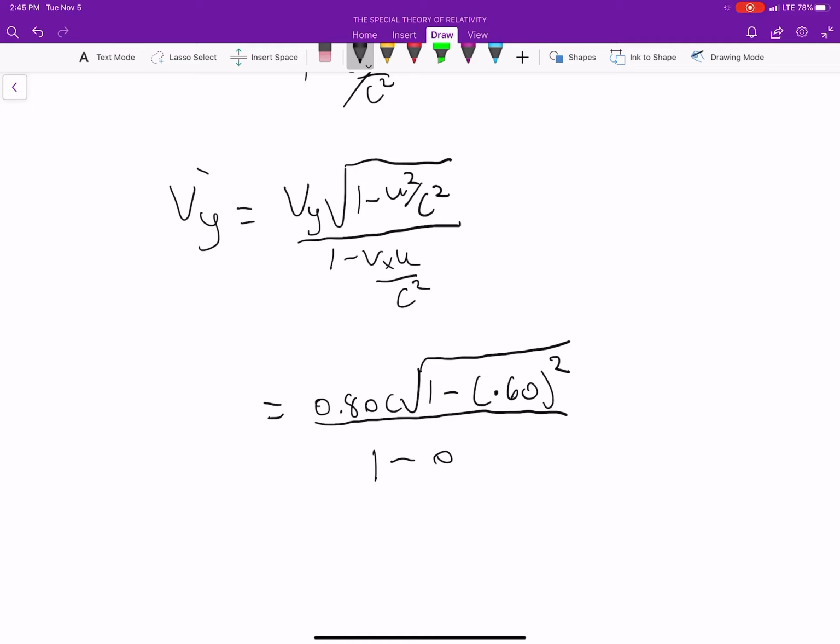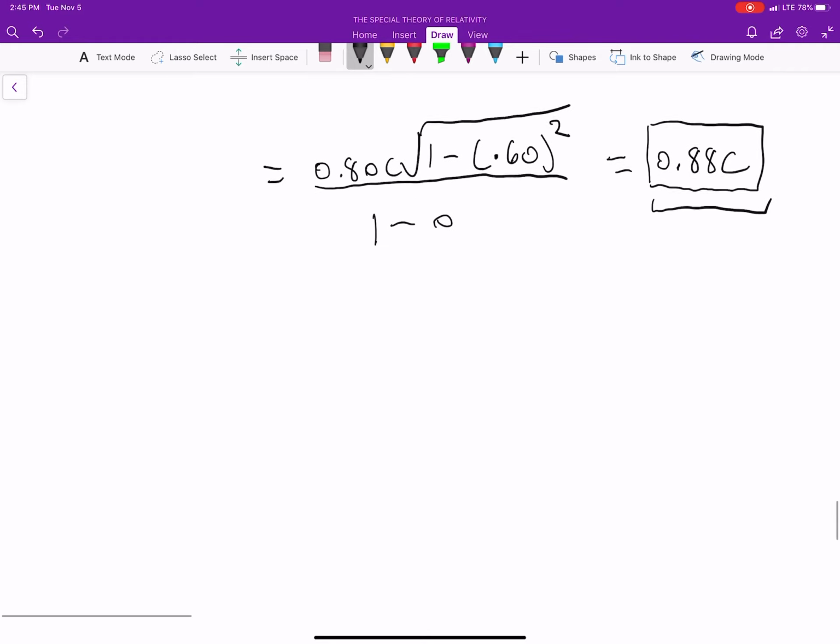If you plug this in, which I did earlier, you can plug it in yourself, you don't really have to trust me. You'll get 0.88c. So instead of the speed of light, what's actually observed is, first off, this is in the y direction.